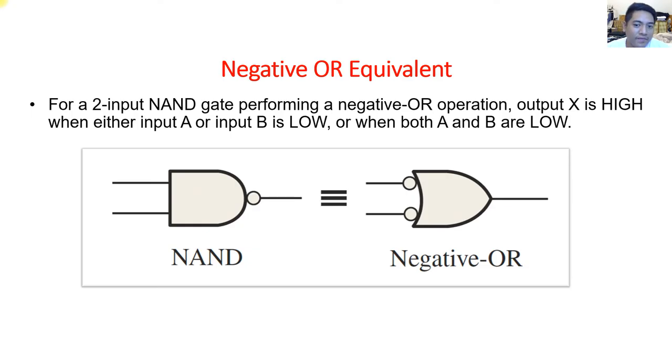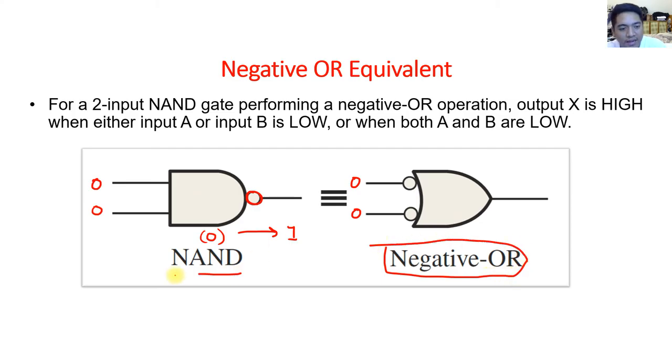And the negative OR is the equivalent of NAND. So these two gates are equivalent, the NAND gate and the negative OR. If we have a NAND gate with 0 and 0, if we perform AND, we know that the output will be 0. But since this is NAND, the output will be 1. So let us also try inputting 0, 0 here, since negative OR is equivalent to NAND.